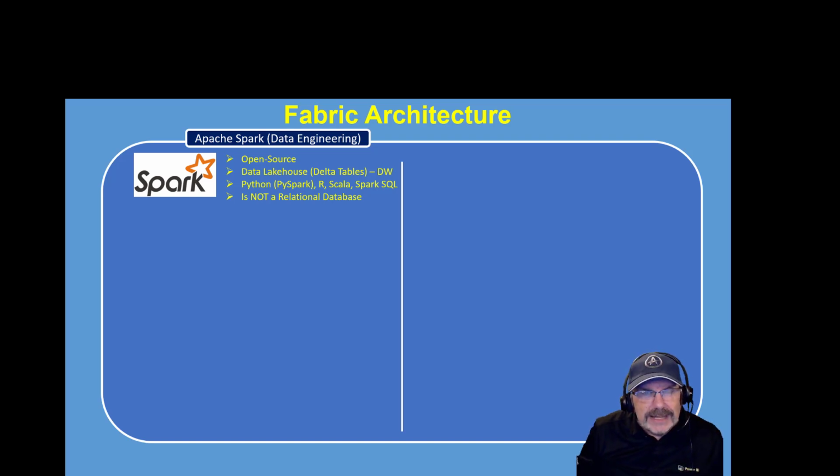The idea of Data Lakehouse is in fact a construction in which you get lake, like data lake, but also data warehouse, hence Data Lakehouse. You also have all these tools, right? Python using PySpark, R, Scala, and Spark SQL. I do want to point out though, even though you can simulate relational database tables using Delta, they are not really truly relational database tables.